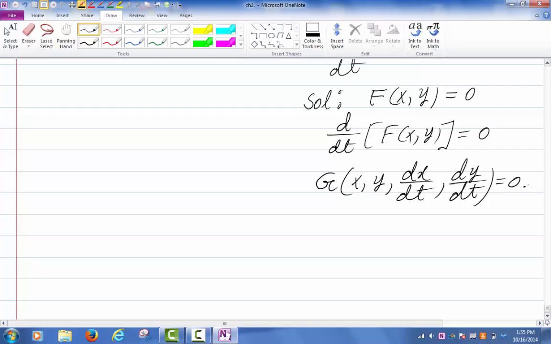Is that making sense? You're given the rate of x, you have to find the rate of y, and your strategy is to find an equation involving x and y, and then differentiate with respect to t, and that's going to give you an equation involving the rate of x and rate of y. If you have that, you can plug in the rate of x and then solve for the rate of y.